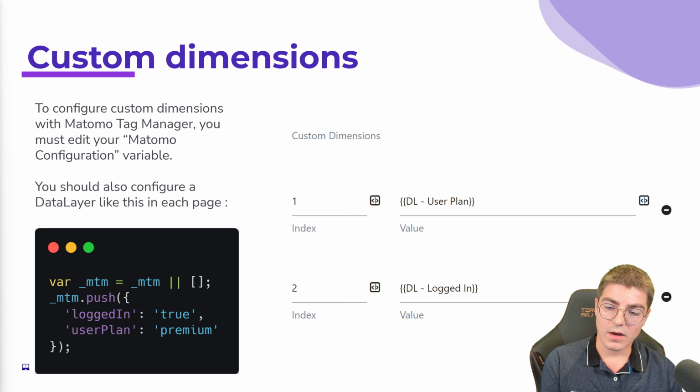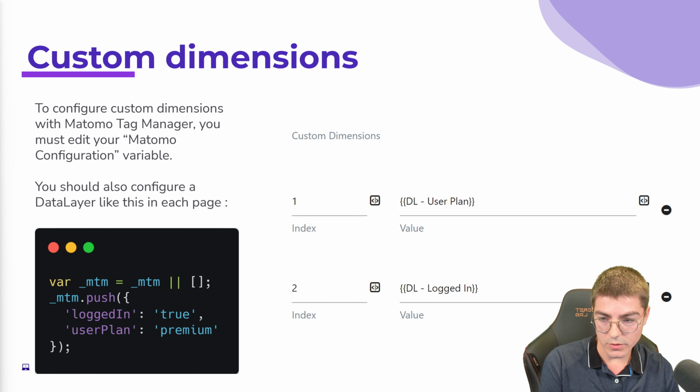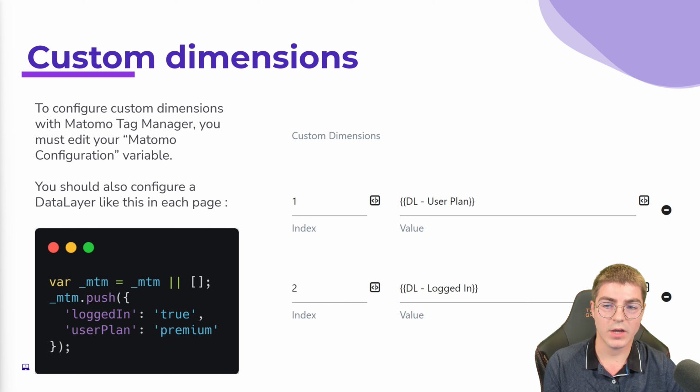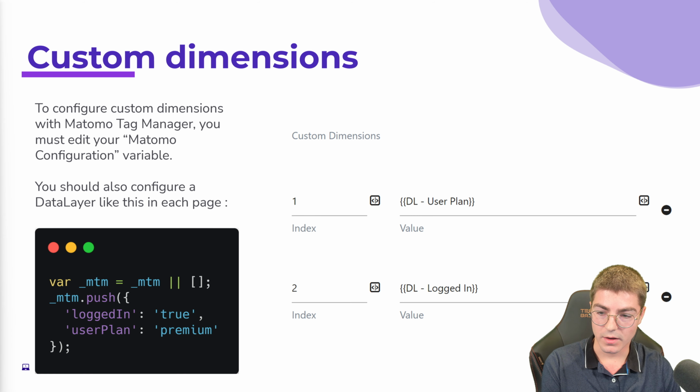Custom dimensions are not really hard to set up, but you have to follow some rules. Here in our configuration, we are using Matomo Tag Manager, and in Matomo Tag Manager, we have to set up a data layer, like the piece of code you can see in the code snippet on the screen.